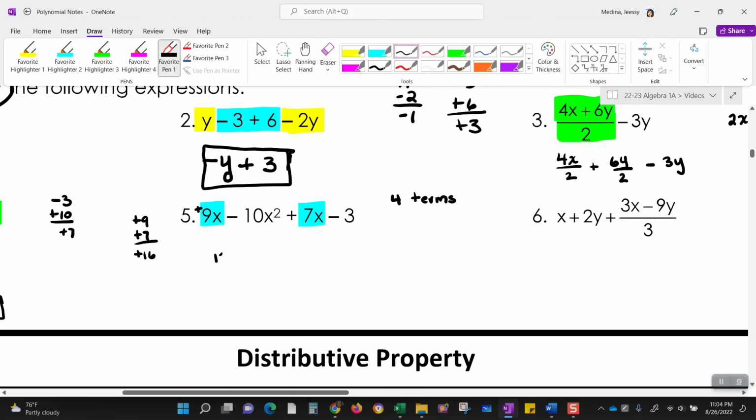So this becomes 16x, and well, all I gotta say is that this one and this one are not like terms, so we just bring them along for the ride. Why didn't I put a plus sign in front of the 16? It's one of those things in math where we just understand it to be a positive number.